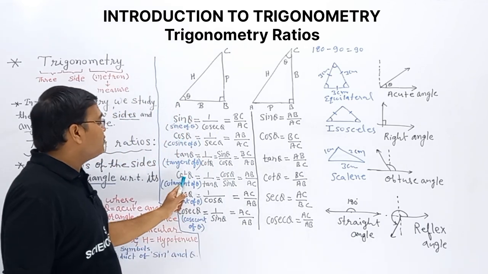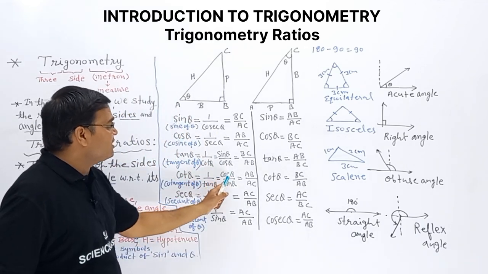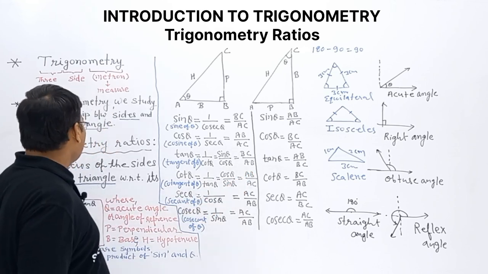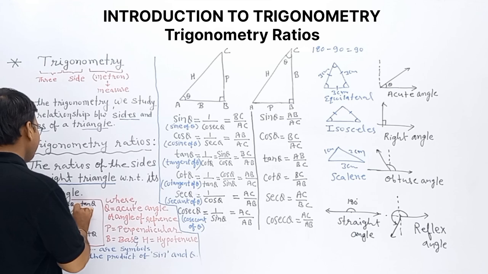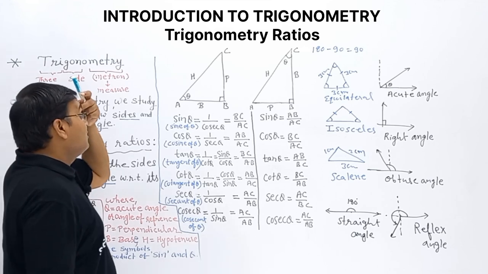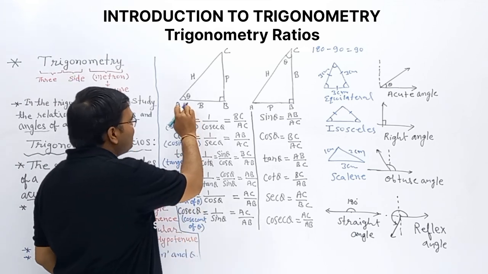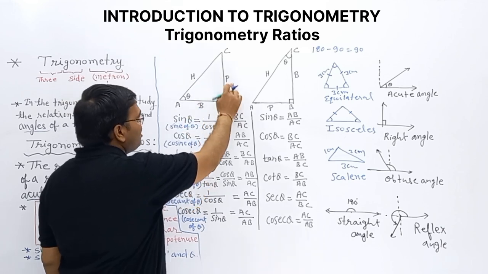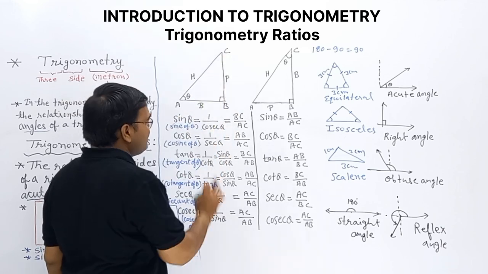Clear? So cot theta will be 1 by tangent theta, cos theta upon sin theta, and it is B upon P. What is the B? B is the base. For this acute angle, this one is the base. So this upon this one, AB upon BC.